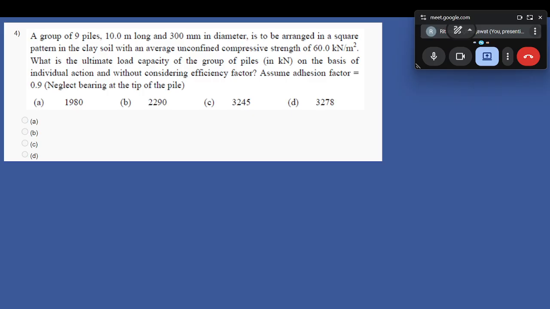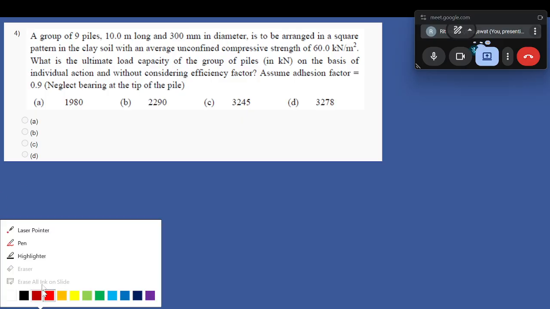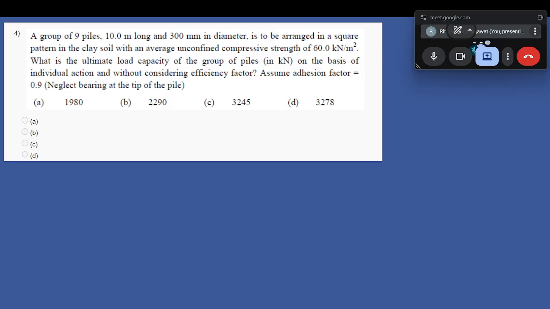Sir, option B, 2290, right? So let's check. In the question, it has been asked to evaluate the ultimate load capacity of the piles on the basis of the individual action.